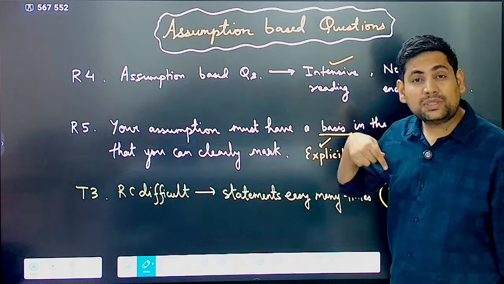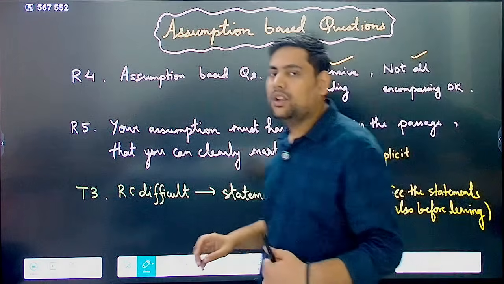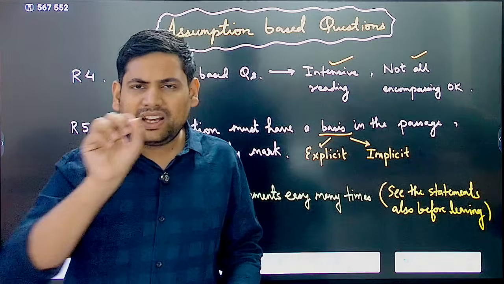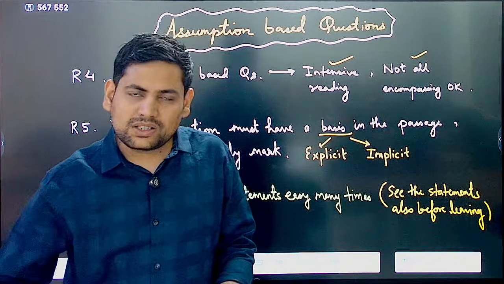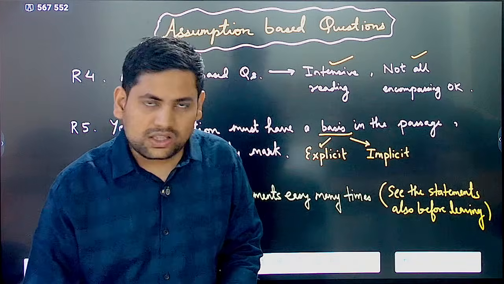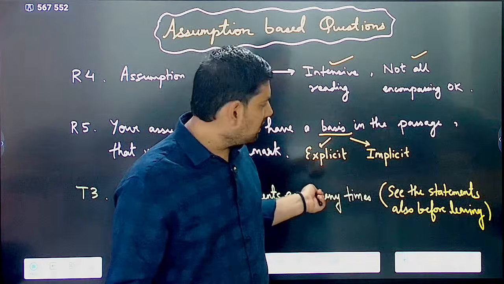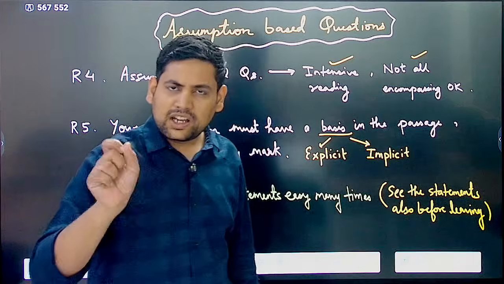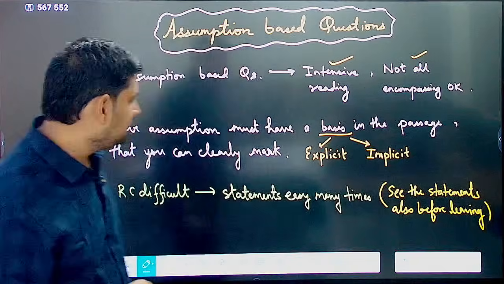Sometimes it may be implicit also, not very clearly visible, but by understanding certain lines of the passage you can say that, because these 2-3 lines are written, the author is implicitly saying that this might be the impact of, let's say, climate change. So explicit and implicit both. Explicit is very easy to find. Implicit ones are sometimes a little tricky, but if you read carefully and try to find that particular thing in the passage, you will find it.